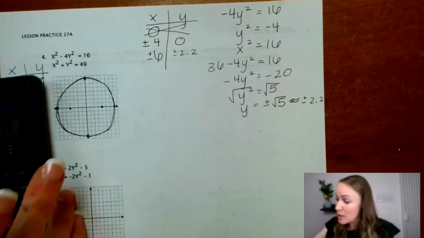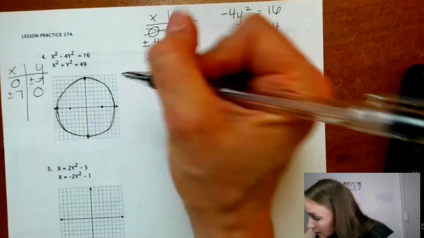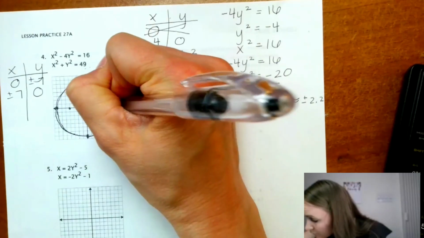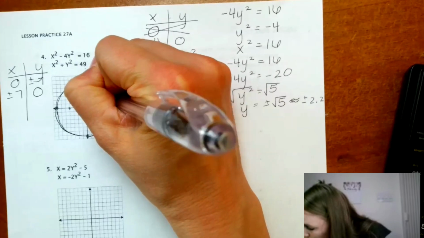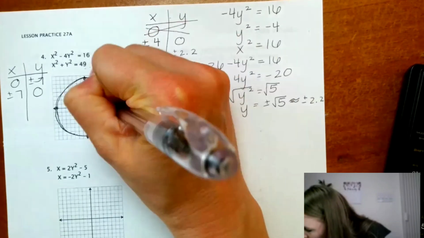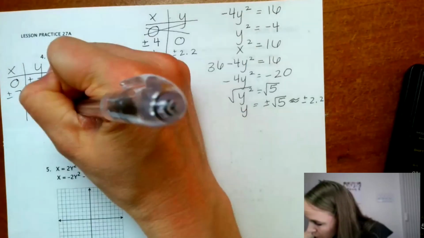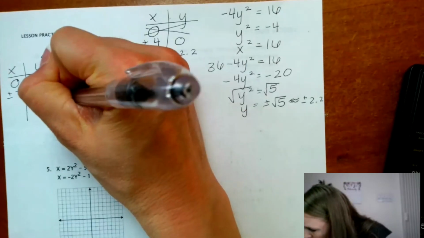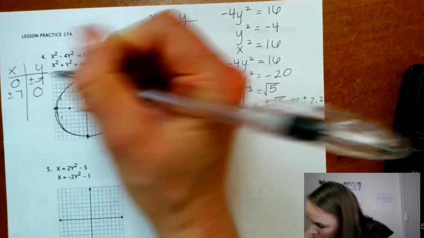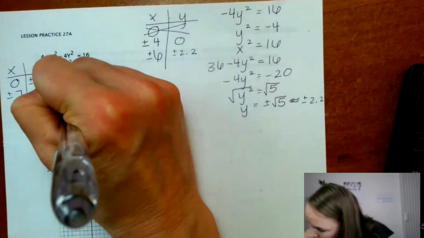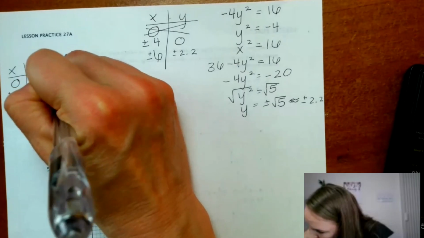So let's go ahead and plot all of those points. Positive 6, 1, 2, 3, 4, 5, 6. Positive 2.2, 1, 2-ish right there. And then just the mirror image of it, 4, 5, 6, and then the mirror image-ish. Okay, and then I can kind of graph these hyperbolas right here.